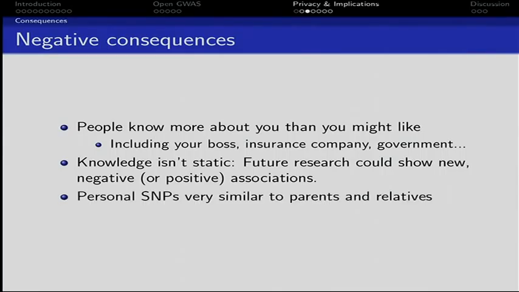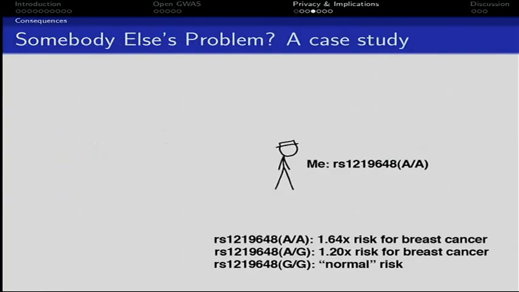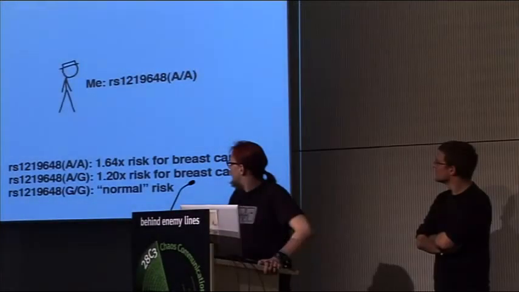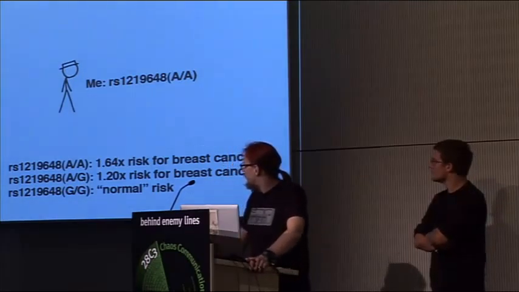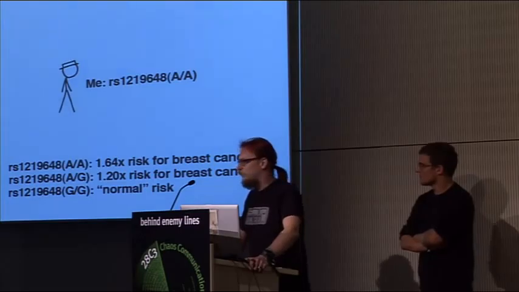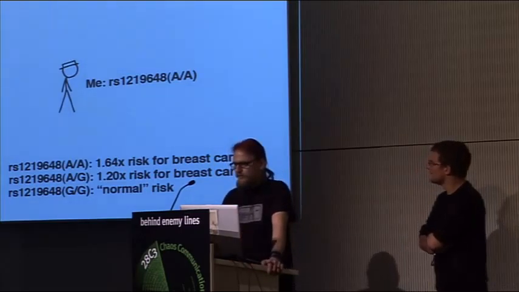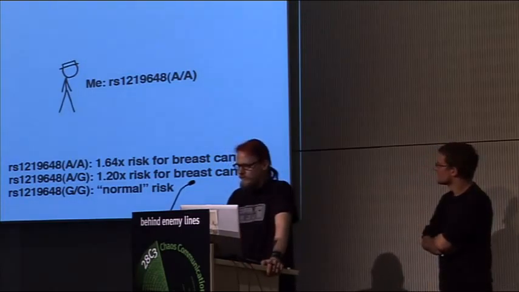And well, your data is not only informative about you, but also about your next of kin. So your parents and especially your own children will have similar information. So I'll illustrate this on my own example. I've published my data already, and I have this nice AA allele here, and this means I have 1.6 times higher risk for breast cancer, which might not sound like much, but it's nice to know.